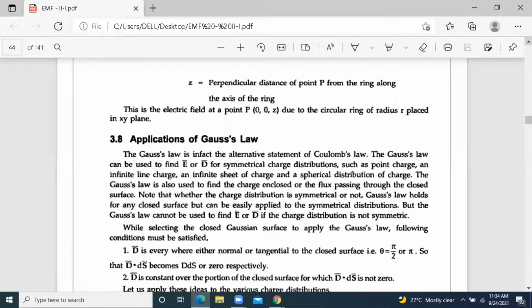If you have a charge and you enclose this charge, the integral over the surface of D dot ds is equal to the charge enclosed.